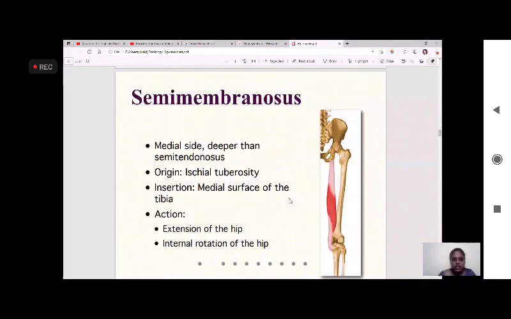Now comes the semimembranosus, which is deeper than the semitendinosus.